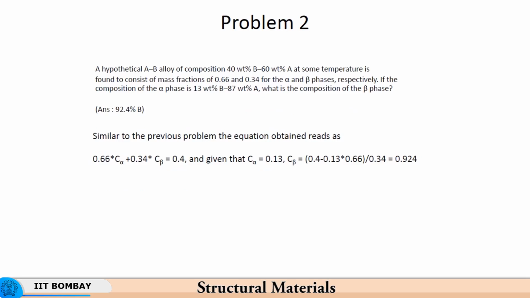Now, again we continue with the hypothetical AB alloy, where the composition is 40% of B and 60% of A, both in weight percent. 60% A means the base material is A and B is alloyed with it, and at some temperature it is found to consist of mass fractions of 0.66 and 0.34 of alpha and beta phases respectively.